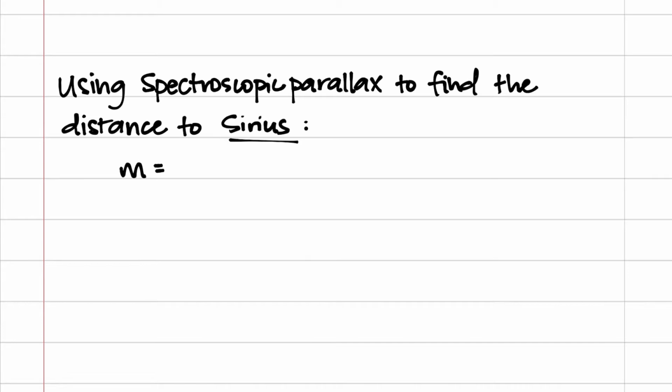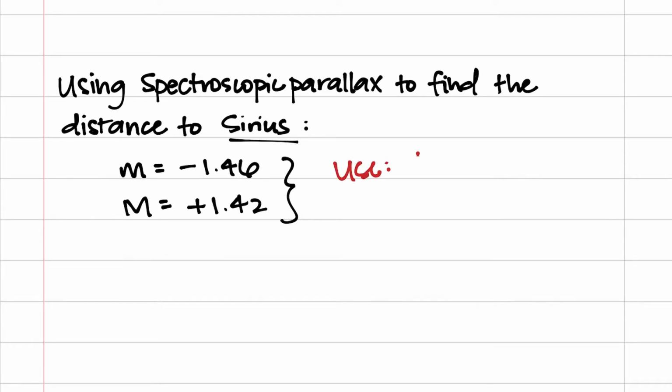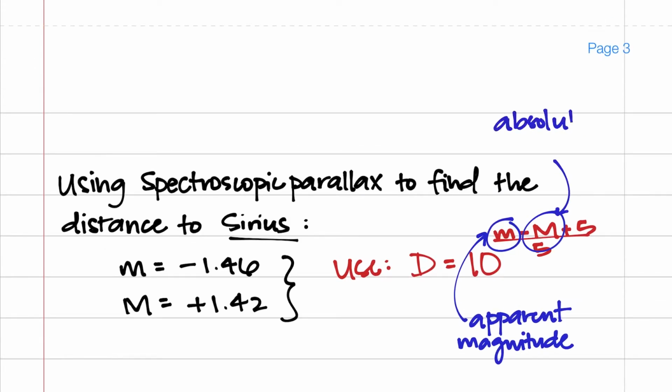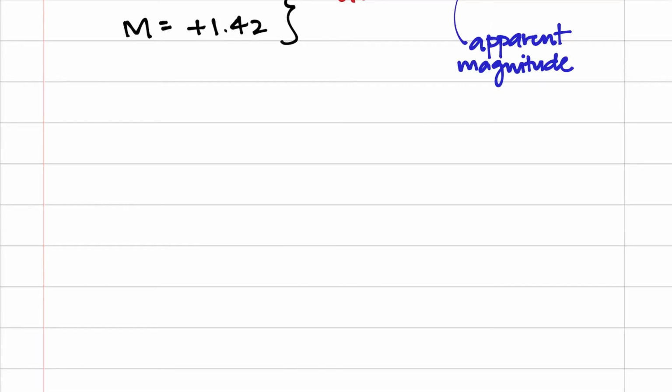So we know the apparent magnitude of Sirius is negative 1.46 and the absolute magnitude is positive 1.42. We'll use both these values in the distance modulus, where the lowercase m is the apparent magnitude and capital M is the absolute magnitude.